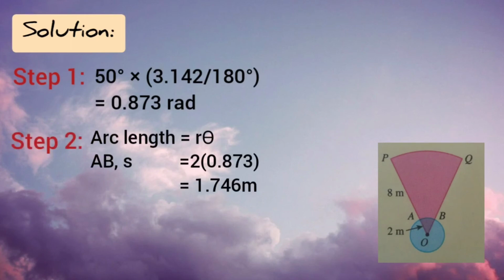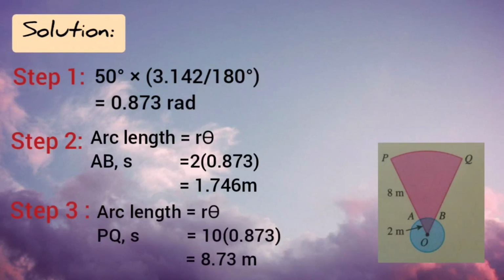Step 2. Calculate the arc length of AB using the formula S equals r theta. Substitute all the values that you gain from the information given to find the arc length. If you press the calculator, you will get 1.746 meters. Step 3. Find the arc length of PQ using the same formula S equals r theta. If you substitute r, which is 10, and theta 0.873, you will get the answer 8.73 meters.